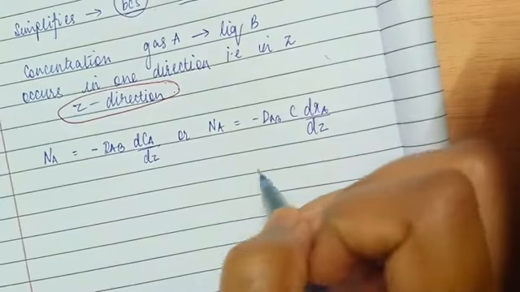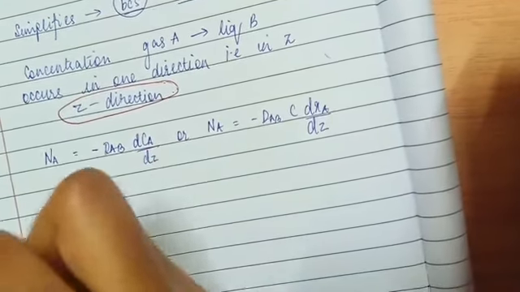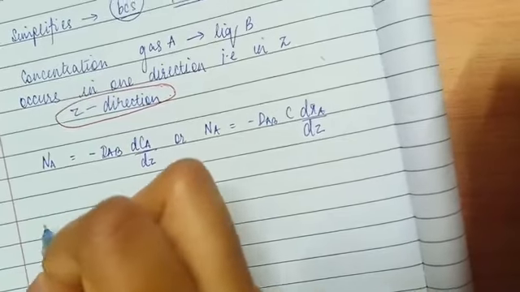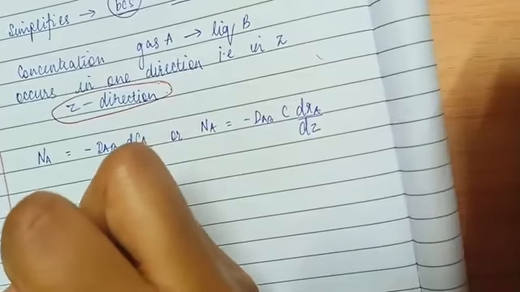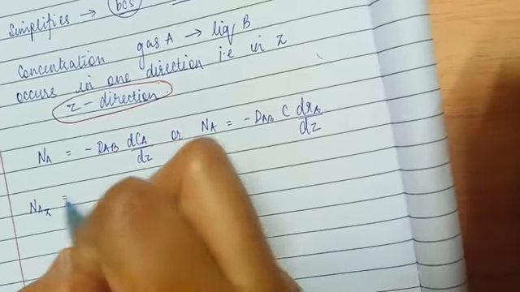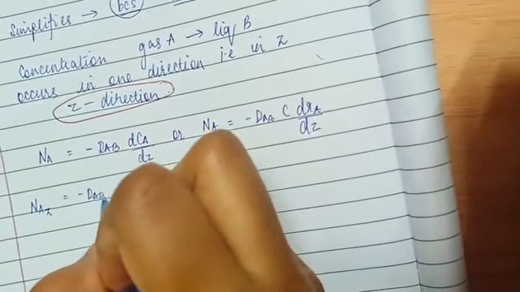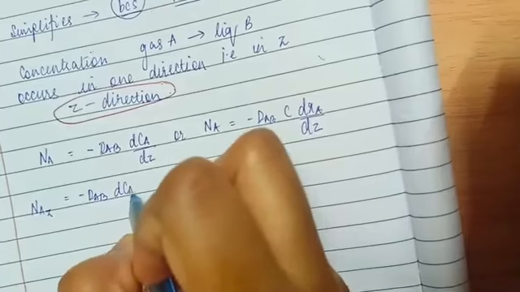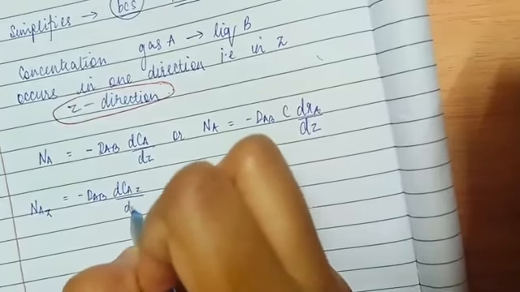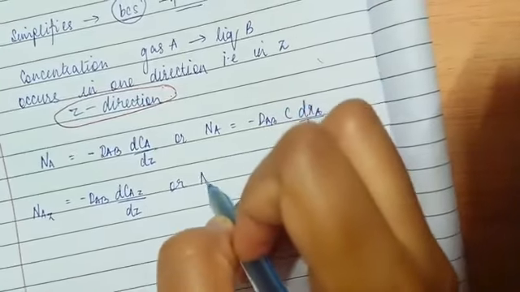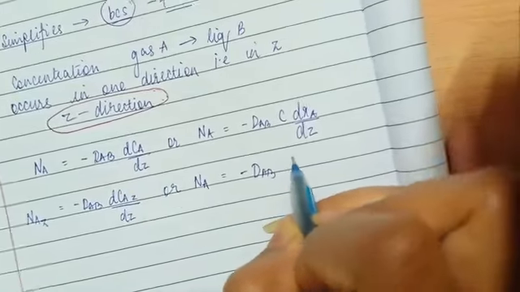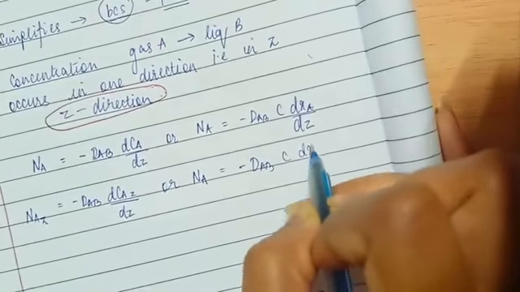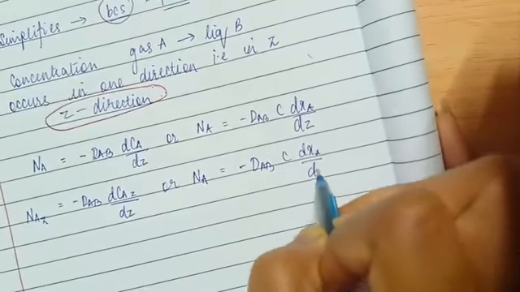Here, after applying the direction of Z, we can write the above equations as NaZ is equal to minus DAB into dCa by dZ, or NaZ is equal to minus DAB C dXa by dZ.